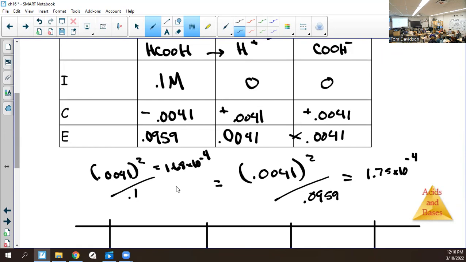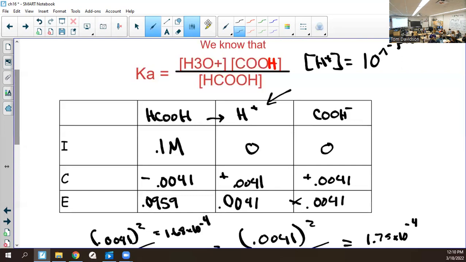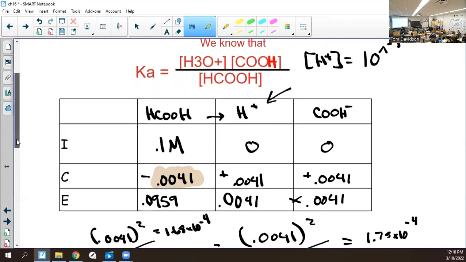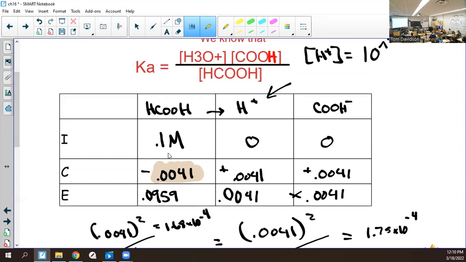But we're going to learn pretty soon that for a weak acid, this change right here is almost unimportant. It's 0.004. If this was a 1, it would be really useful. 0.1 is a little bit more important. But we're going to learn pretty soon that the change does not matter that much if it's a weak acid. Not sure if that's the next slide or not.